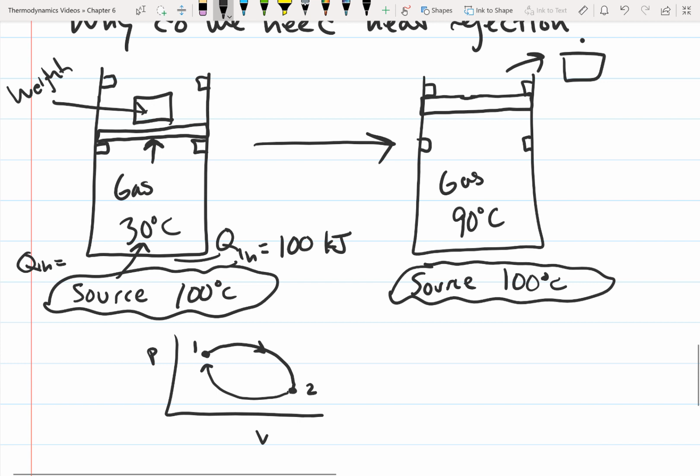Well, if we don't have the heat sink, if we just have this source, we're not going to be able to transfer heat from the gas to the source and return the temperature of the gas back to 30 degrees, because that's going to violate the second law. So if anything, the source is going to continue to heat up the gas, and we're not going to be able to complete the cycle.